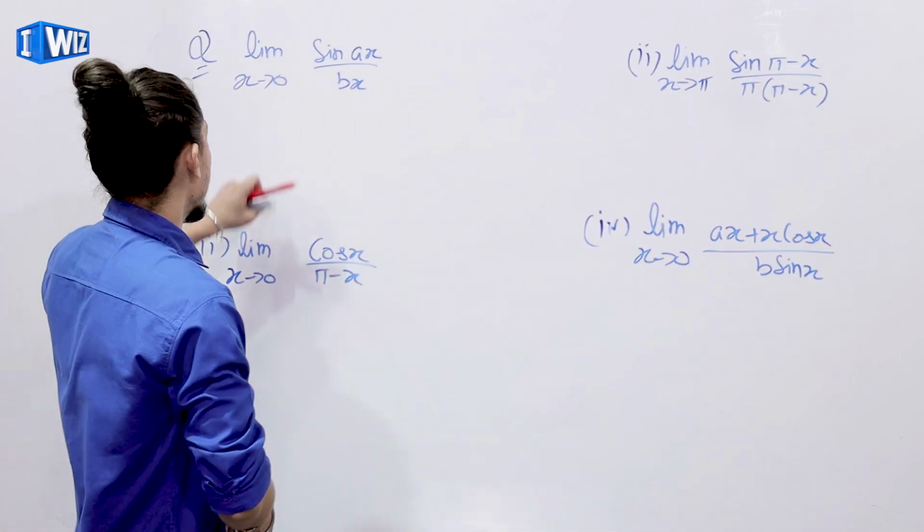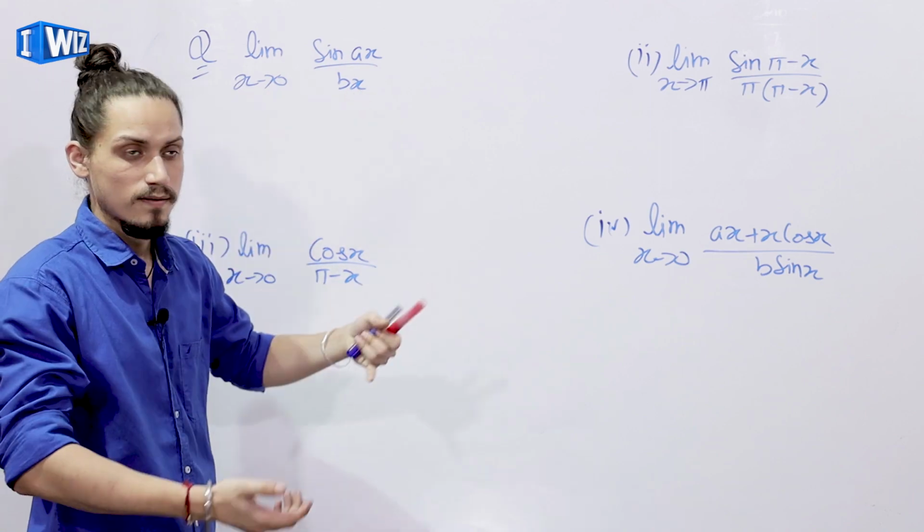Now the next example is limit x approaches 0 of sin ax upon bx.